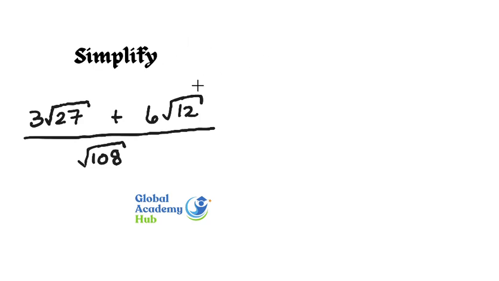So if you take a look at what we have right here, first take a look at the square root of 12. This is a radical, and it is the same thing as the square root of 3 multiplied by the square root of 4.